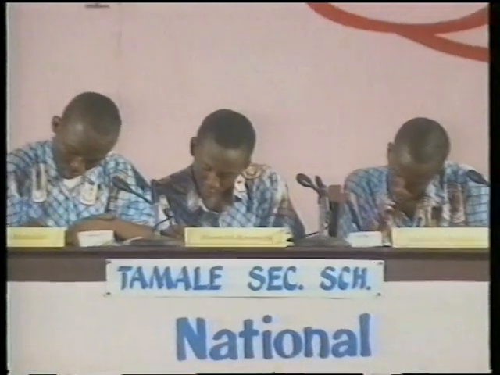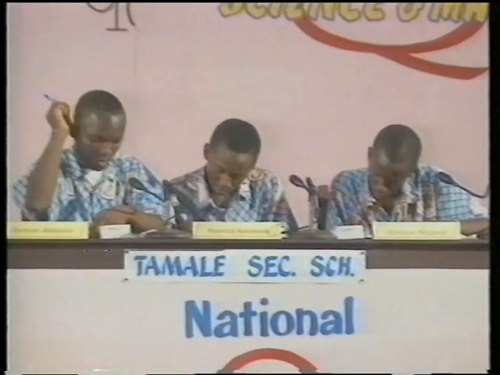Explain carefully how you would prepare 500 centimeter cubes of 0.1 mole per decimeter cube solution of HCl from a stock solution of 0.25 mole per decimeter cube. Yes, Osman.